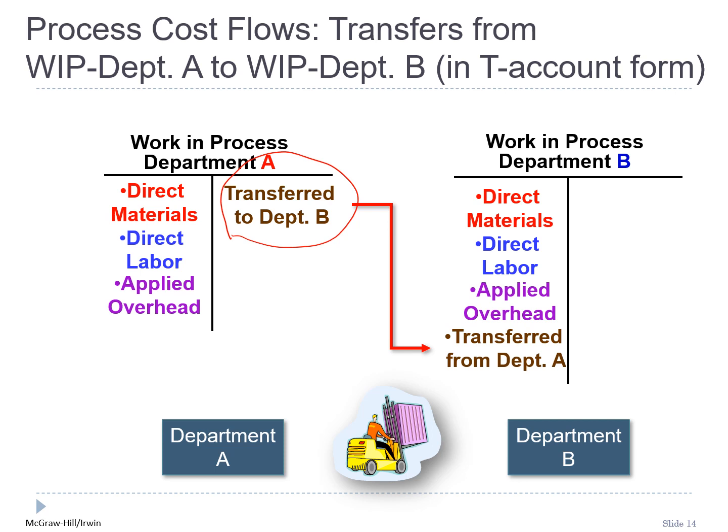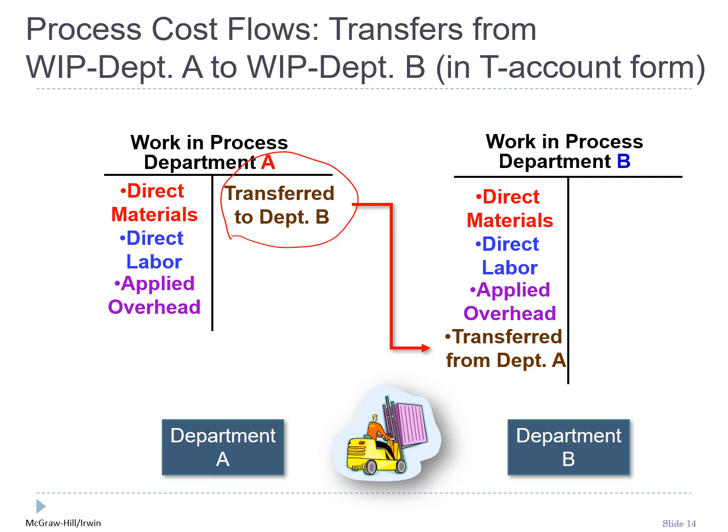So as you can see, doon sa department B, the total debits in work in process department A account, nilipat lang dun sa cost ng work in process department B account. So meaning, ang magiging cost ng inventory mo is the cost of direct materials, direct labor, and overhead for each department.